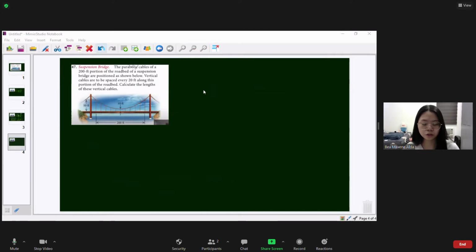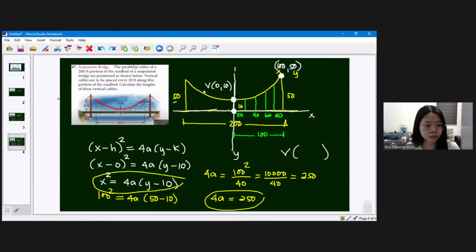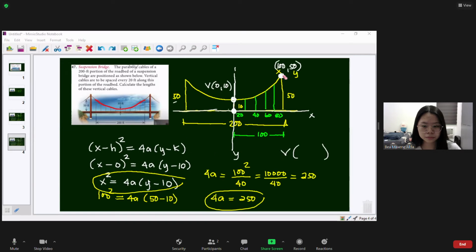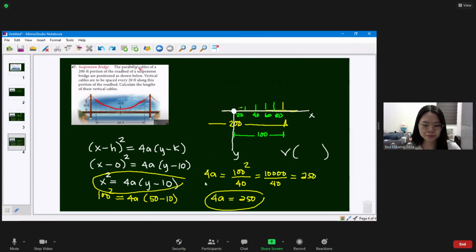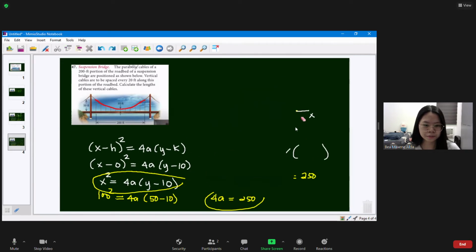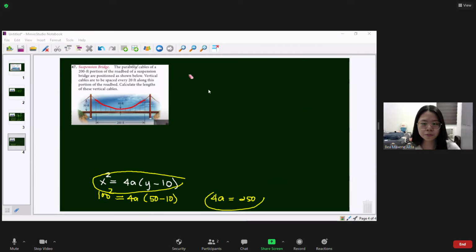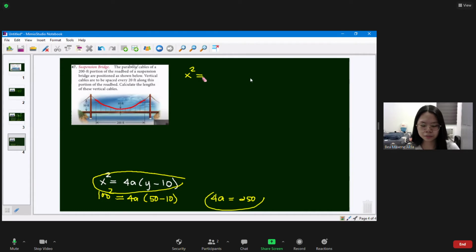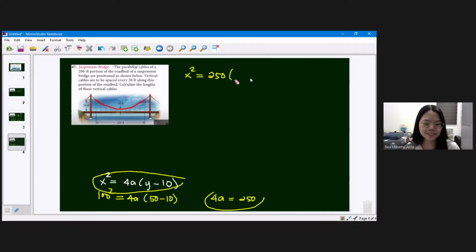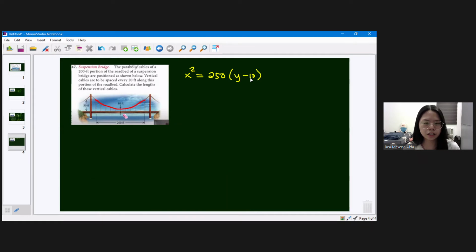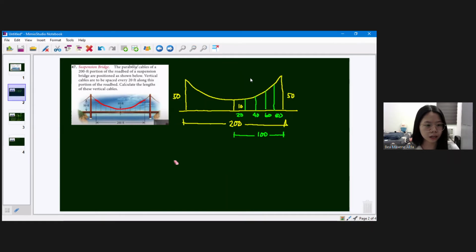Ayan. So, balikan lang natin ano yung equation ng parabola. Okay. So, that would be x squared is equal to 250 times y minus 10, right? Okay, there we go. So, kung mabalikan natin sa figure, di ba, ilan niya yung hinahanap natin? 4?